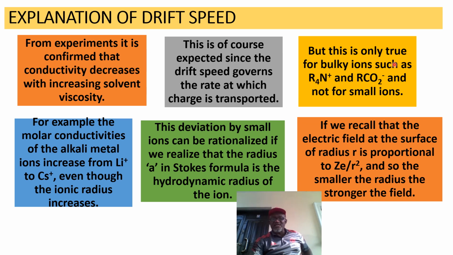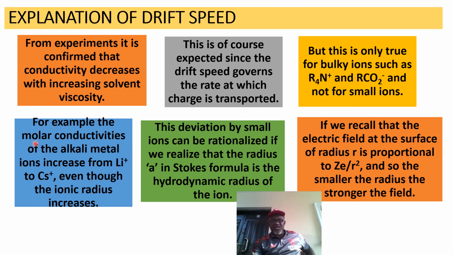Now, when we look at this in terms of small ions and bulky ions, you need to go back to your periodic table. We know that there are periodic properties, variation of properties, across the period and down the group.